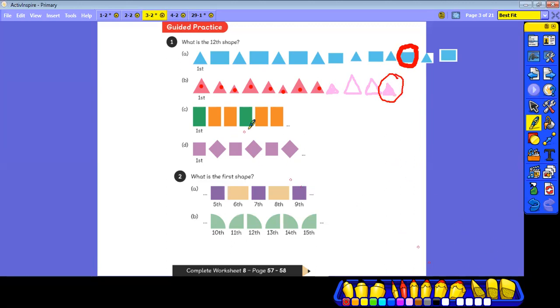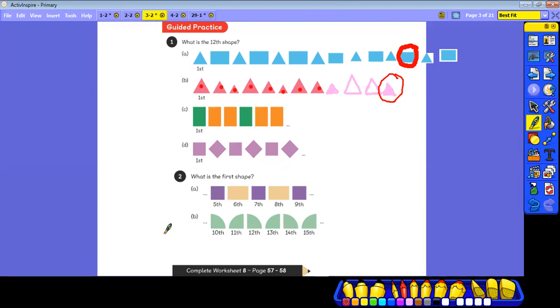Right, I'm going to leave you to have a go at the next two, and then let's have a little look at question 2. What is the first shape? Oh, we're given the 5th, 6th, 7th, 8th, and 9th, and we've got to figure out the first shape. And here we're given the 10th, 11th, 12th, 13th, 14th, and 15th, but we've got to figure out the first shape.